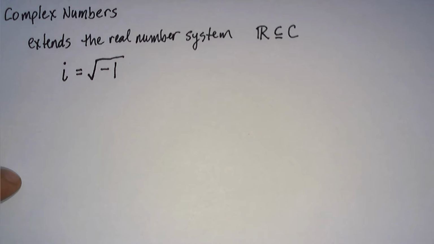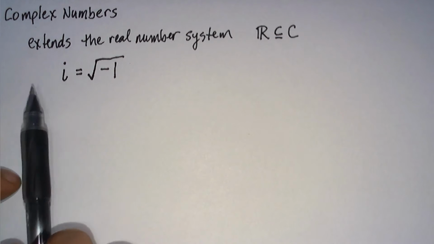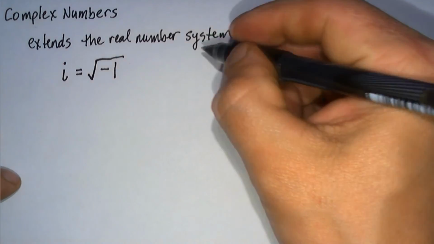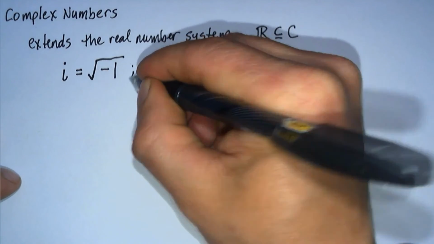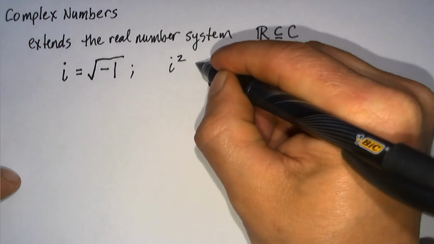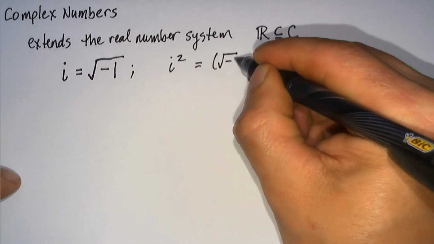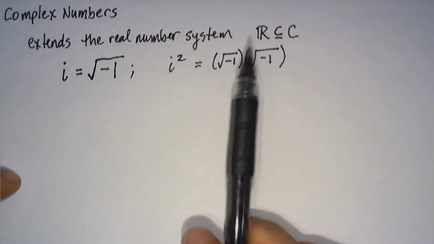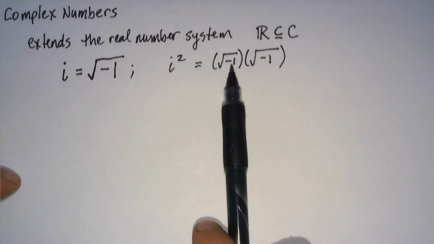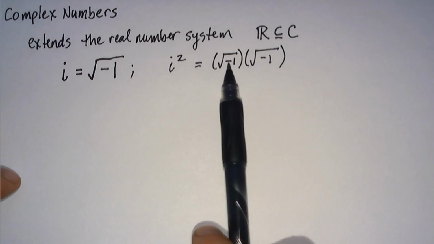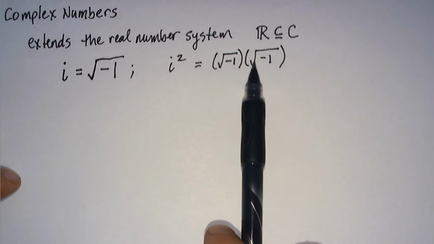So let's find some powers of i and see if we can find a pattern here, because we're going to do arithmetic with these numbers, and that's important. So if we take i squared, it is the square root of -1 times the square root of -1. And we learned in algebra that if we multiply two square roots, we multiply what's underneath, but that doesn't apply here.